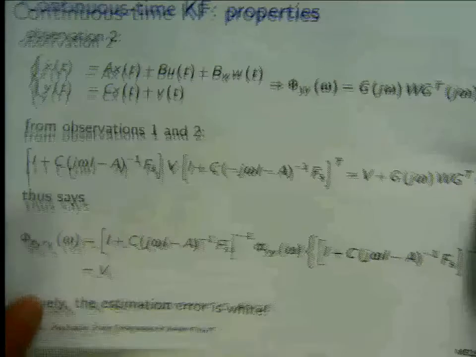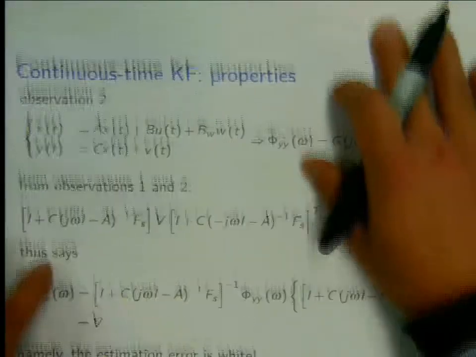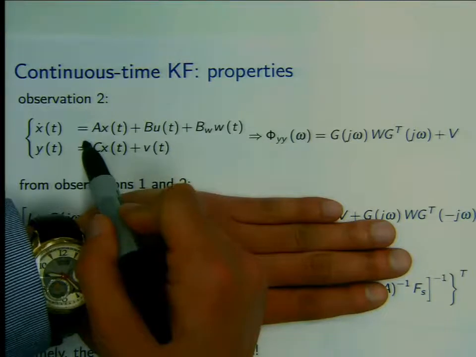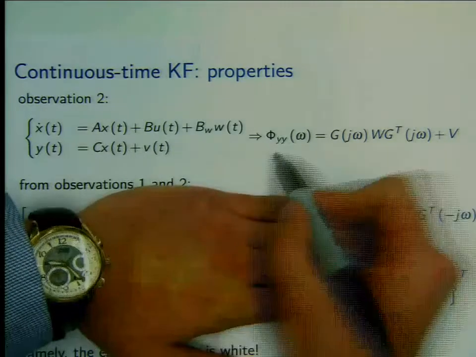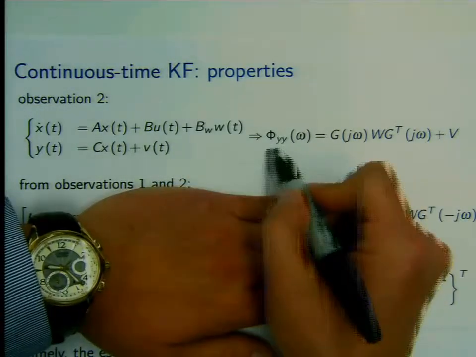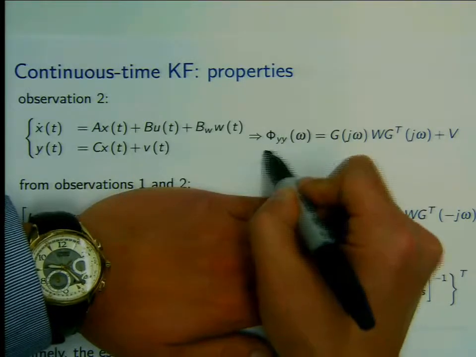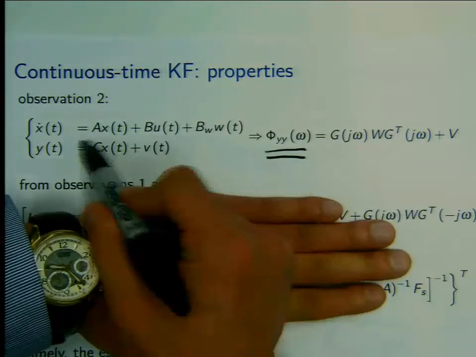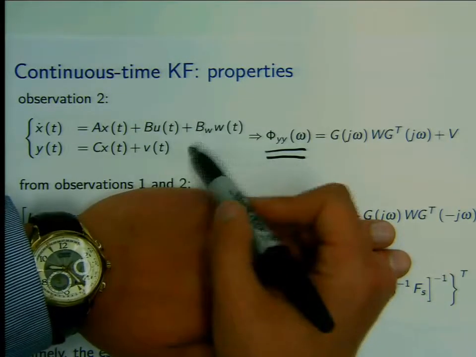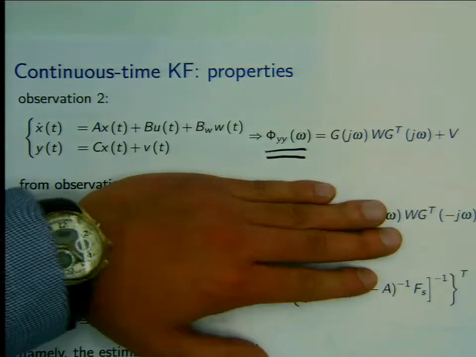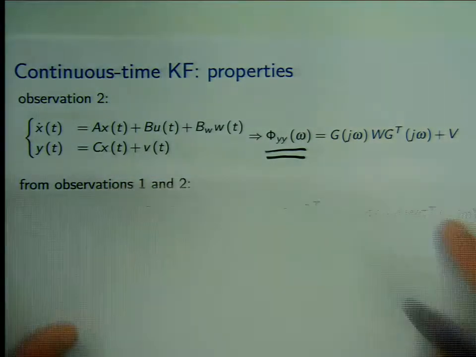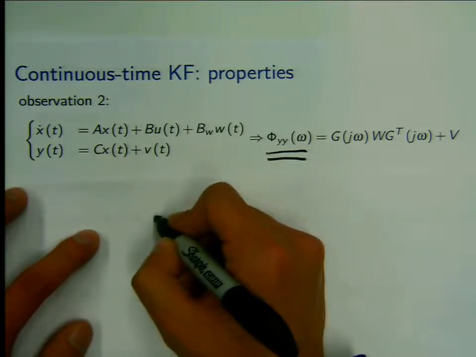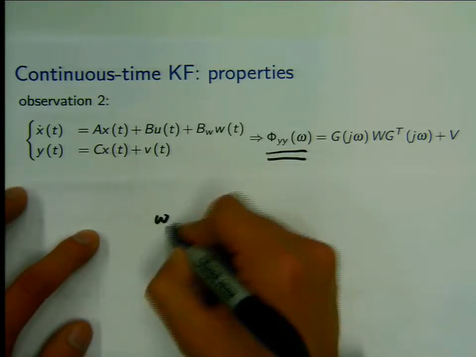Now, if I have the system dynamics that looks like this, what will be the spectral density? Because I see that I need this quantity. So what will be the spectral density of this given the system dynamics like this? The result is going to be, it looks like this.